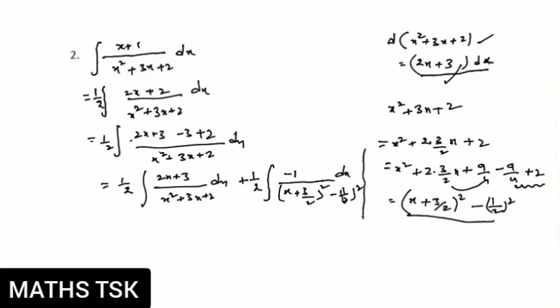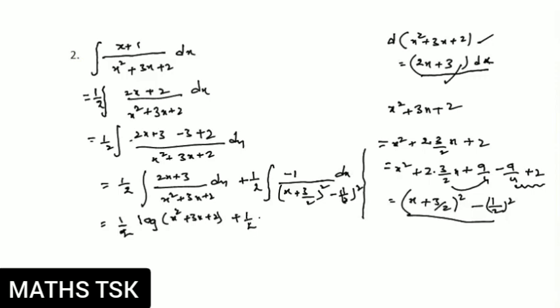Okay. Now this integration can be written as 1 by 2 into answer for this, 1 by f of x into f dash of x is log of x square plus 3x plus 2. First part is over, and second part we have to apply the formula.